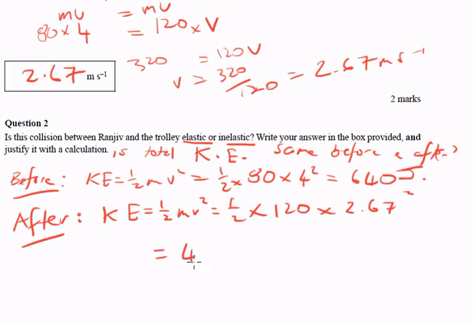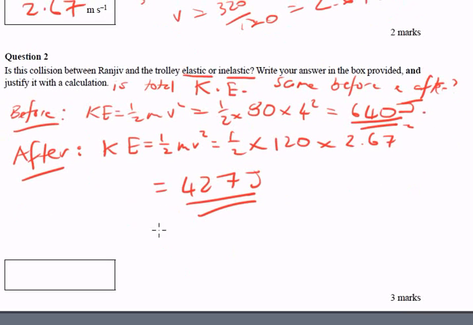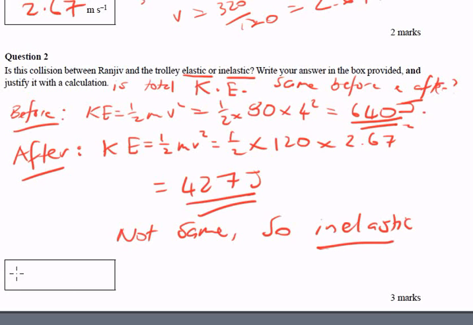And that equals 427 joules. They're not the same. So it's an inelastic collision. If they were the same, it would be an elastic collision. But they're not the same, so it's inelastic. Inelastic.